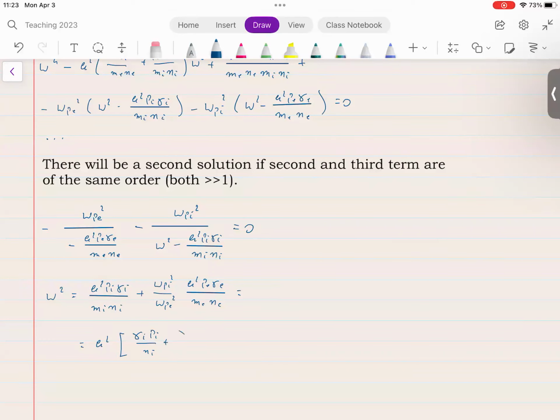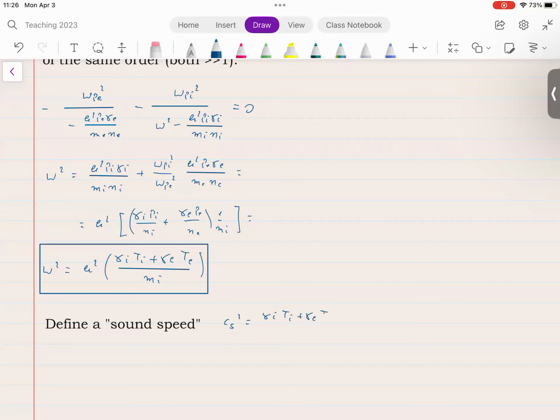I can define the sound speed as C sound squared equal to gamma ion T ion plus gamma electron T electron divided by the mass of the ions.